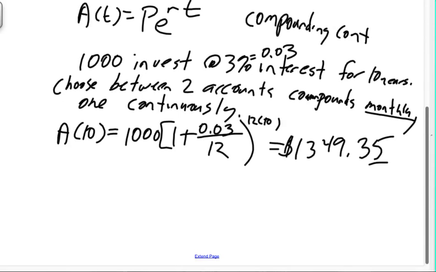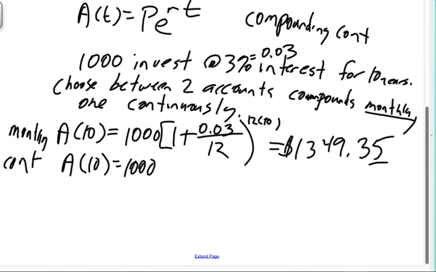So that's monthly. Now let's do continuously. So A of 10 will be equal to 1,000 times e to the 0.03 times 10.